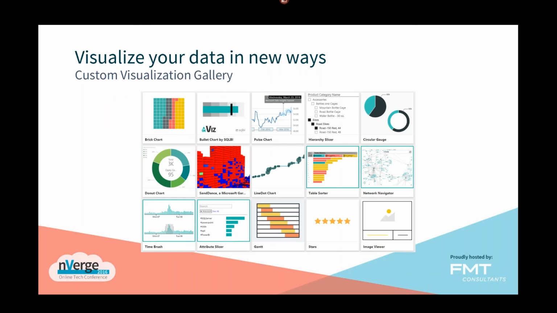They also introduced a custom visualization gallery, which is one of the great things. It's sourced by the community, so people make their own visualizations and publish them up to a library out on Microsoft that you can download and try different types of visualizations. People are making their own, and there's an SDK for that.